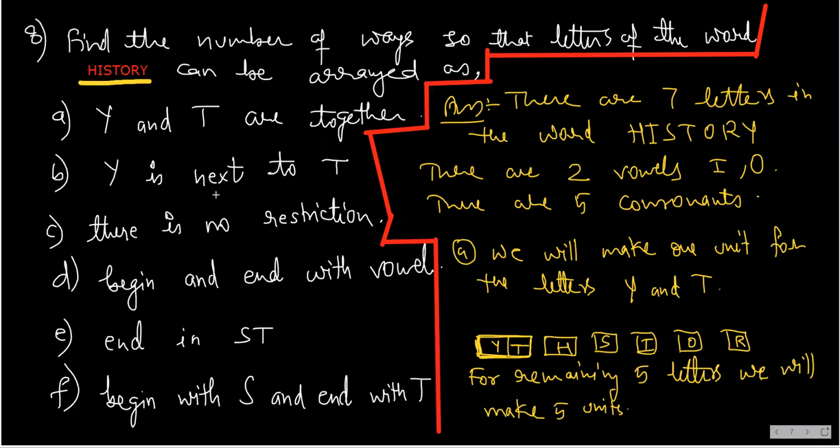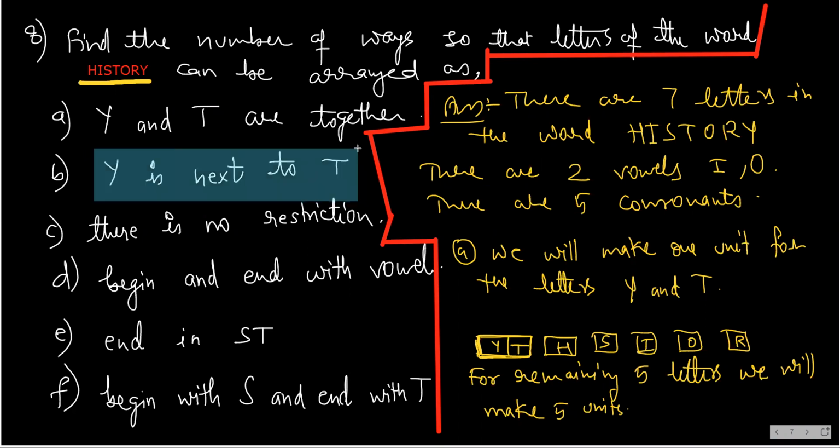Now we have this B where it says y is next to t. Now remember students, this is once again the tie method. Why? Because they are saying that in the arrangement of the letters of the word history, y is next to t. Now what is the meaning of y next to t? Is it going to be this way?